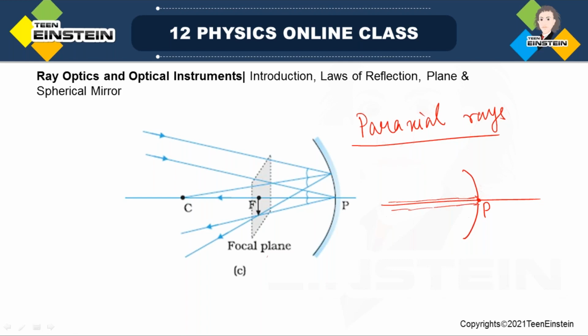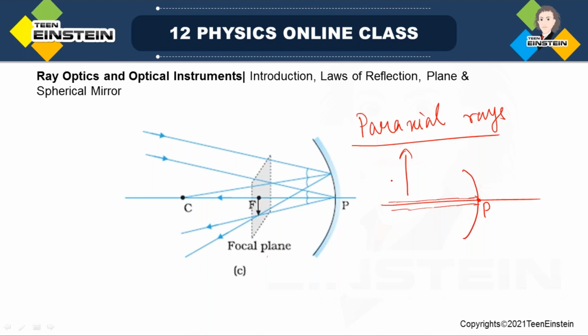And sometimes we'll say that the approximation in case of forming image by mirror or lenses, the rays are taken ideally paraxial rays. That means the rays which are incident very near to the pole.